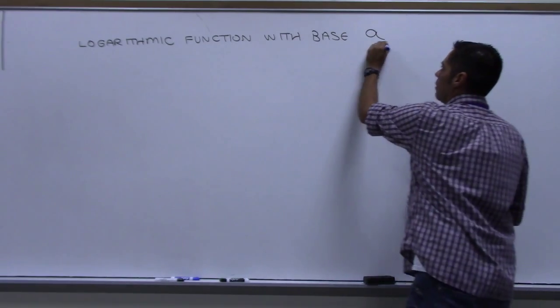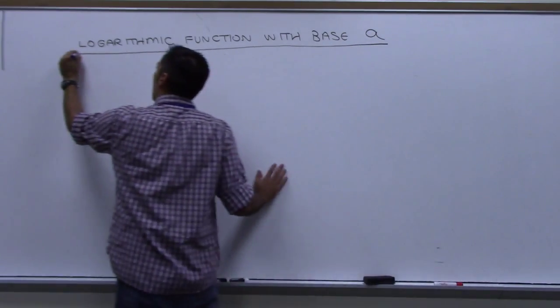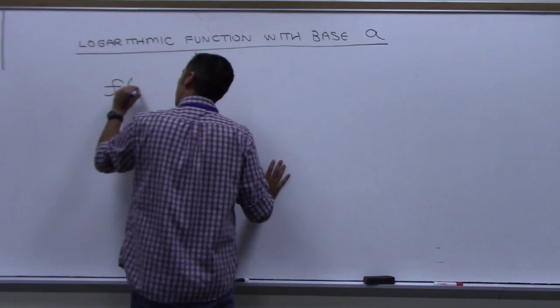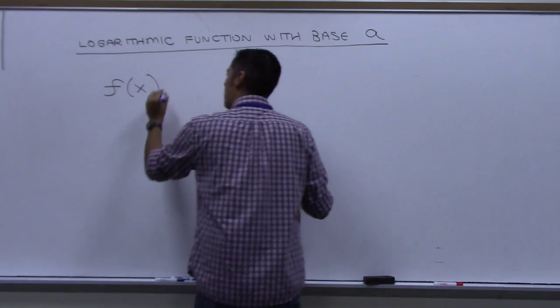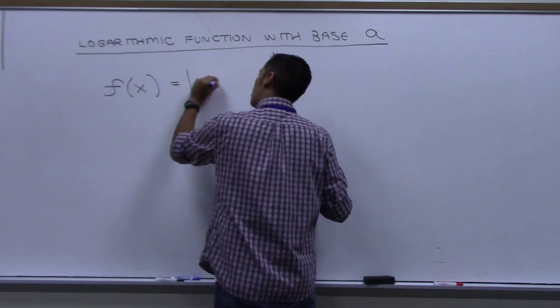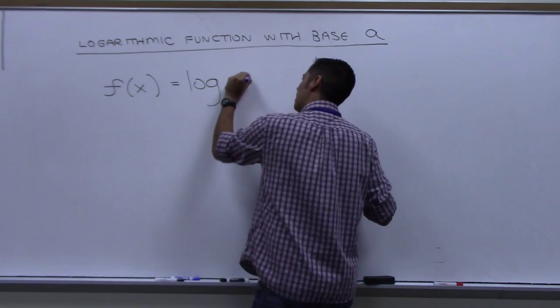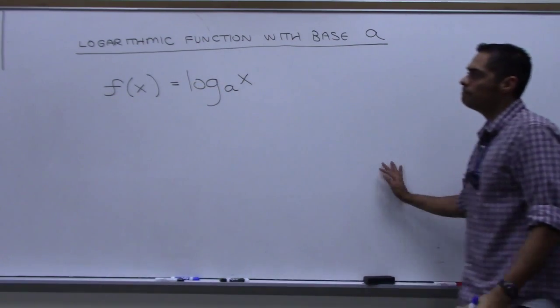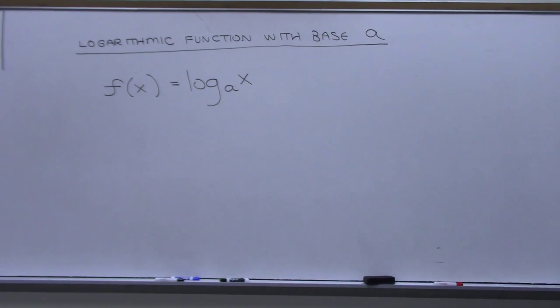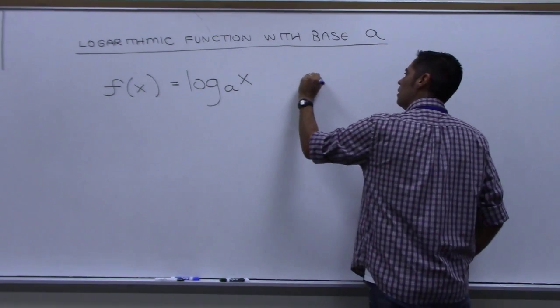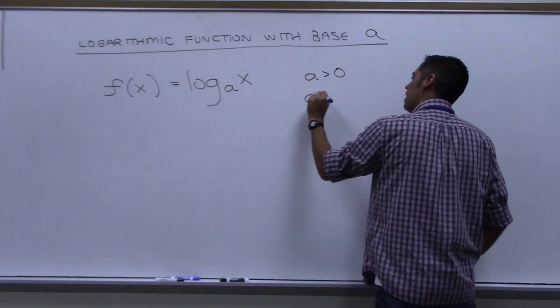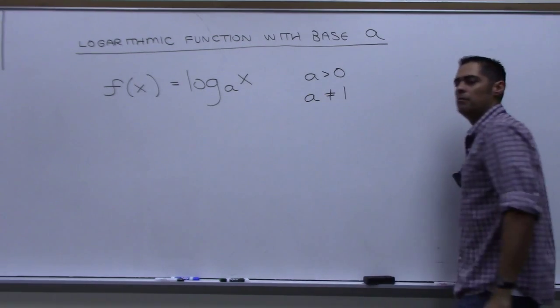Here it is. I'm going to define a function, f of x, and say it's equal to log base a of x, where a is a positive number and a is not equal to 1.